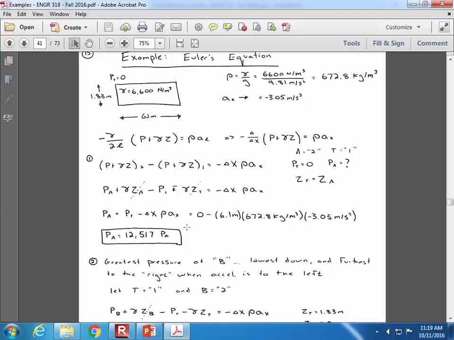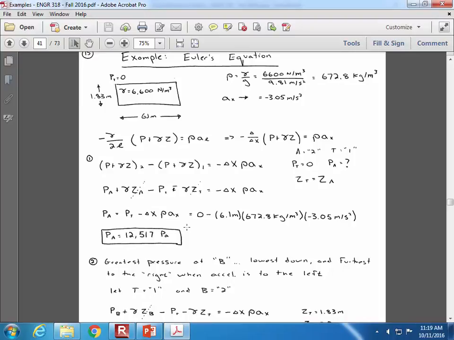We have two options. When you're applying Euler's equation, you should pick as one of the locations a place where you actually know something, like the elevation or the pressure. Identifying the two points, you should try to make it as simple as possible for yourself. So we could use location A as one of the points and then work towards the unknown, which would be the pressure at B. Or we can use the pressure at T as the thing that we know.